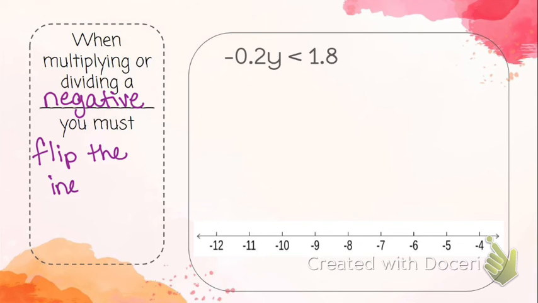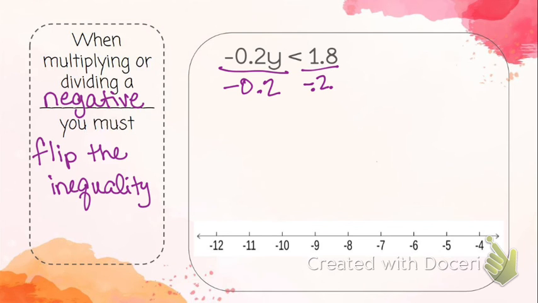Right now I have negative 0.2, or negative 2/10, times y is less than 1.8. I know that I'm multiplying. So we always ask ourselves, what am I doing to my variable? I'm multiplying by negative 2/10. So the opposite would be dividing by negative 2/10.